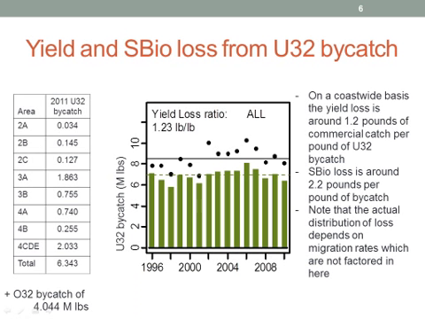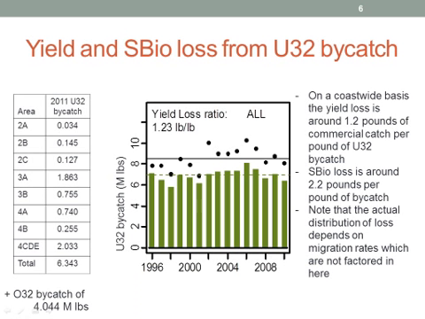But this slide summarizes the impact on the stock of this U32 bycatch. The coastwide capture of U32 halibut was last year 6.3 million pounds. The graph there shows in the green bars year by year the estimated U32 bycatch in millions of pounds. It's been stable around 6 to 7 million pounds.